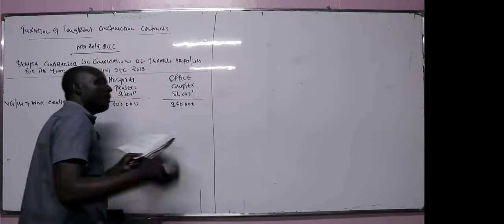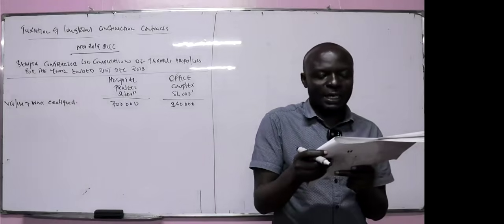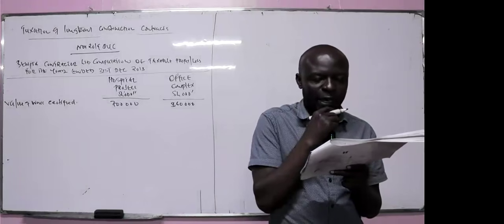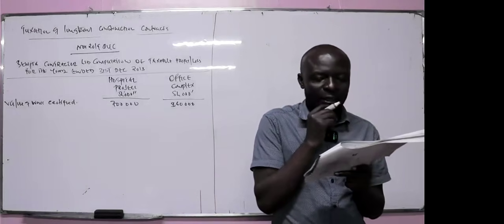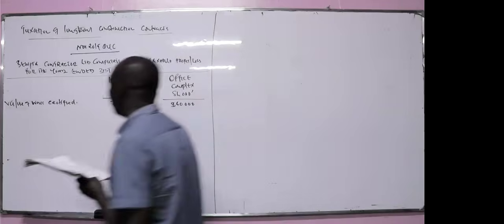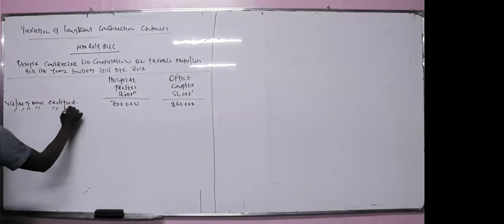Then we have been given the balance breakdown for last year only. Value of work certified to date, so that is at the beginning of the year. So we less value of work certified, balance brought down.